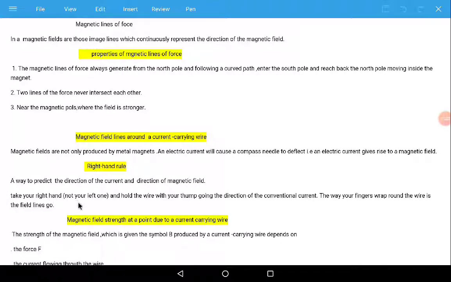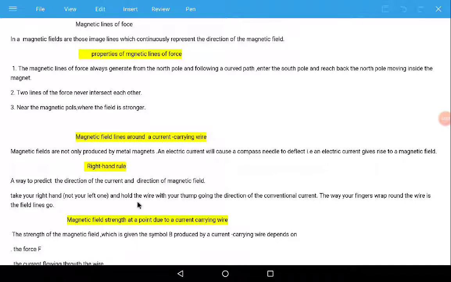not left hand, and hold the wire with your thumb going in the direction of the conventional current. The thumb indicates the direction of the electric current, or conventional current, and your fingers around the wire indicate where the field lines go.